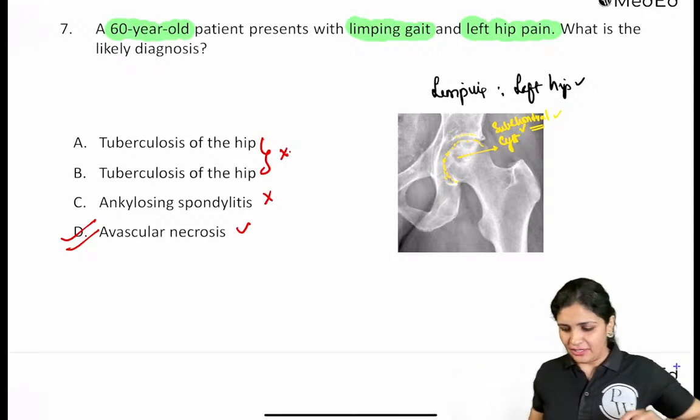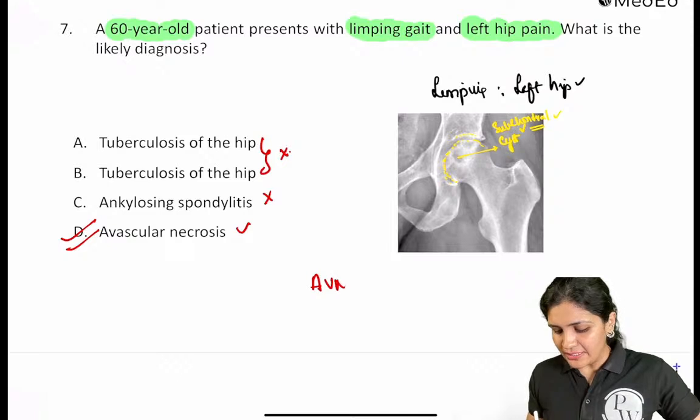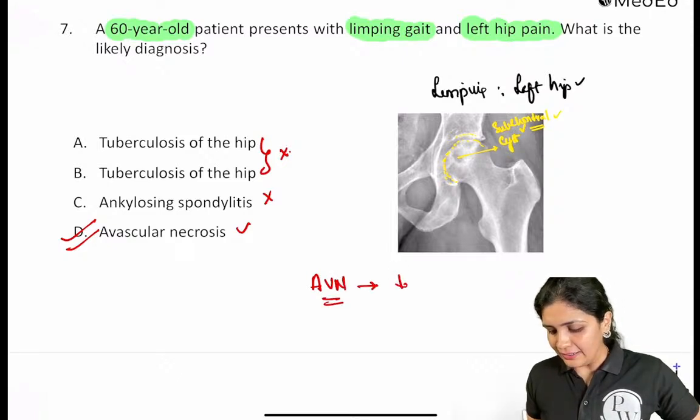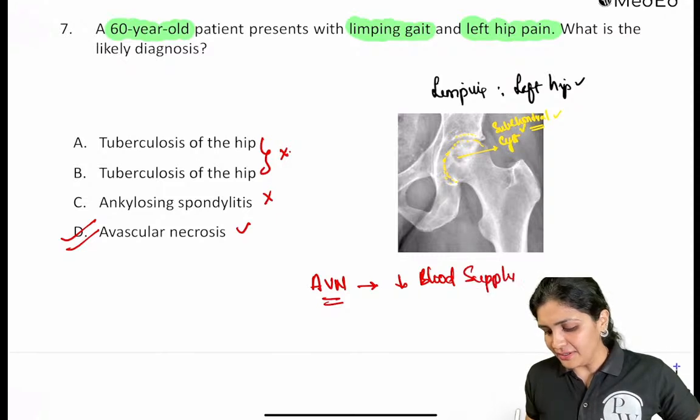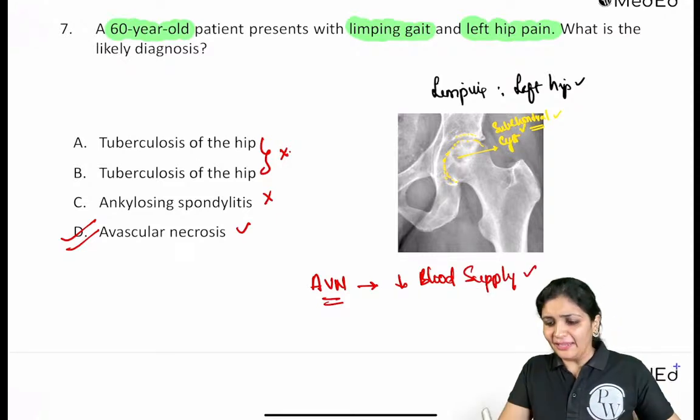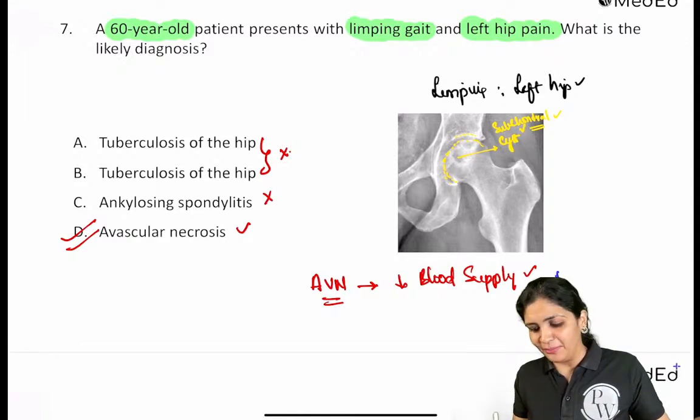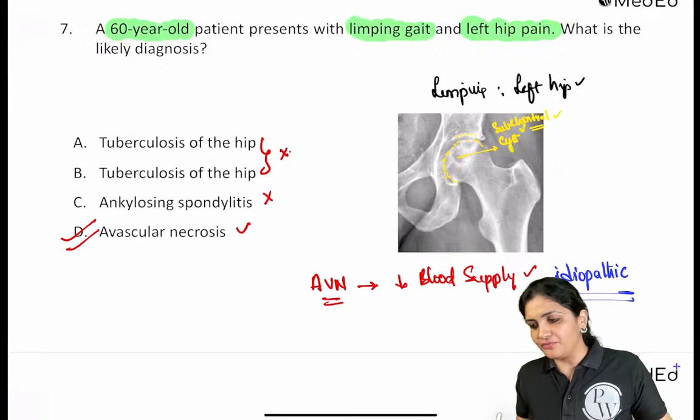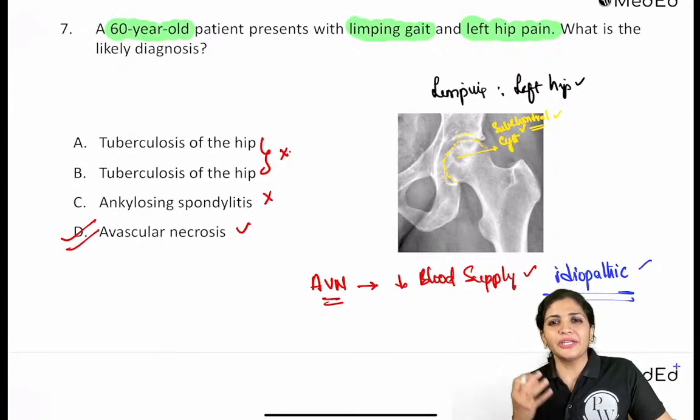So what is an avascular necrosis? Avascular necrosis is a condition where there is a decreased blood supply to the head. So why is this blood supply decreased? The one important reason which you have to remember is idiopathic. So whenever you see this particular age group of 60 years, the answer is usually idiopathic.